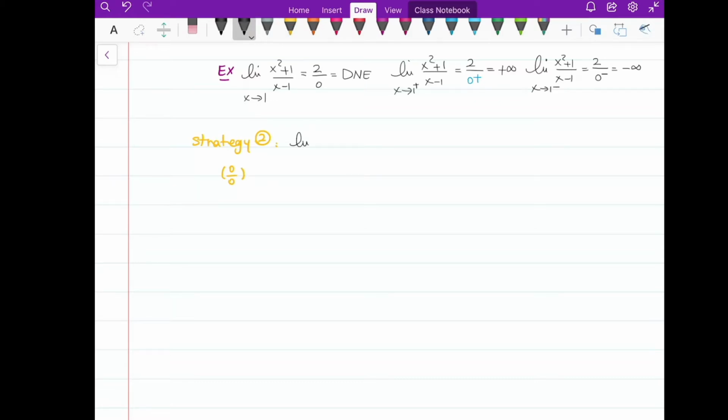Let's see. If the limit of the numerator as x goes to a is equal to 0, and the limit of the denominator as x goes to a is equal to 0, we're gonna try to basically simplify the whole fraction, and then we're gonna use limit laws.